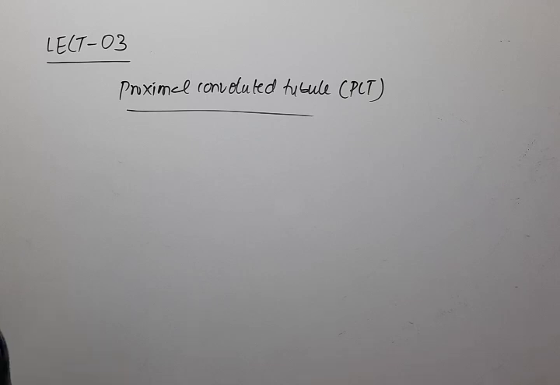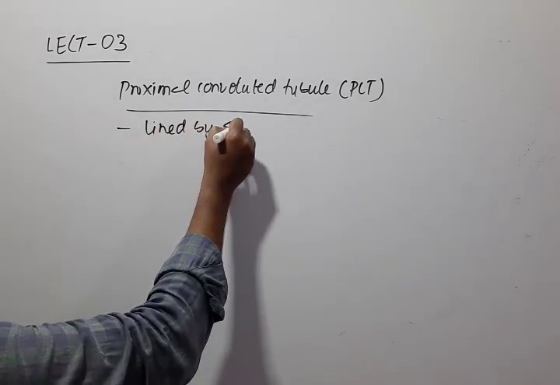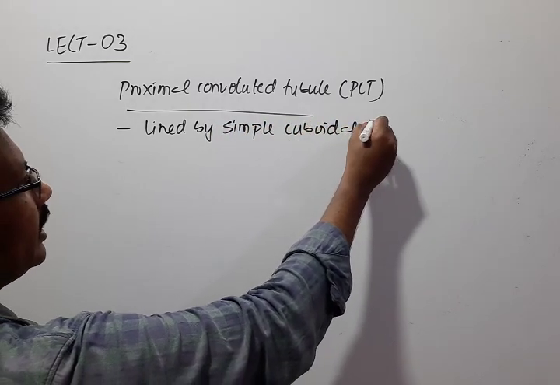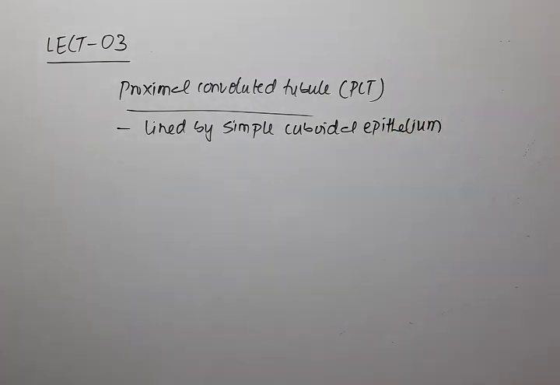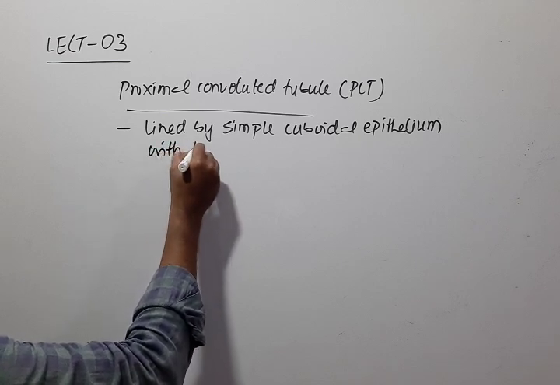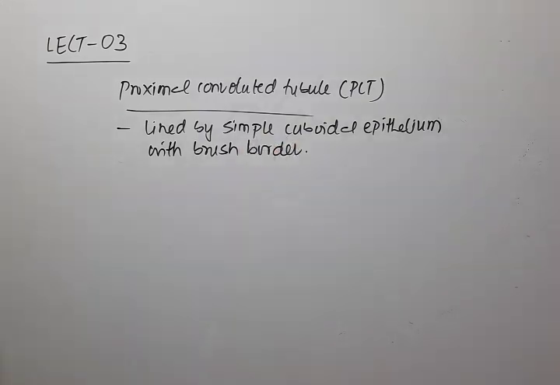Here, this proximal convoluted tubule is lined by simple cuboidal epithelium, and this simple cuboidal epithelium has a brush border.